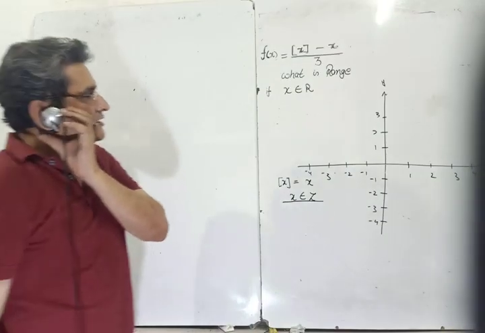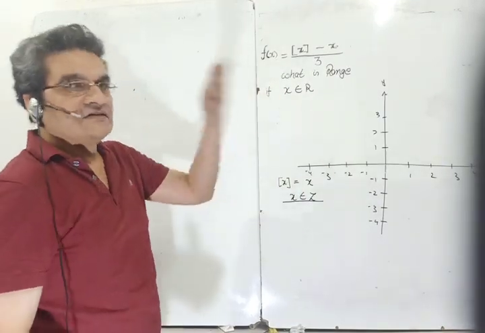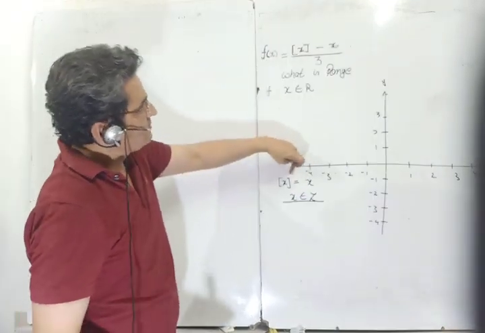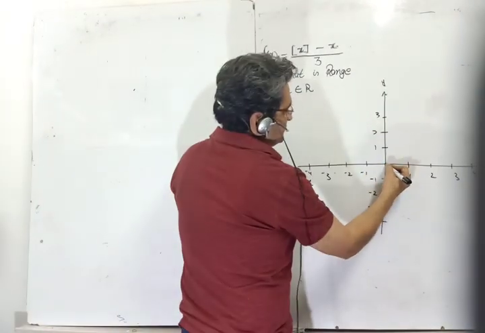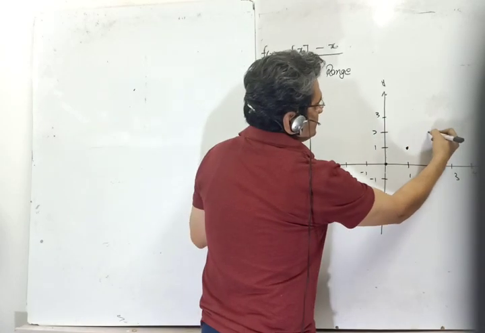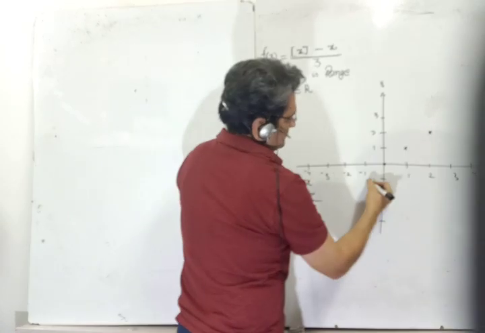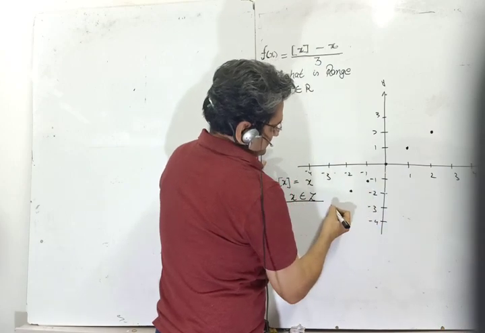Now for all integers, if x is an integer, then f(x) is equal to x. I am only talking about [x] here. So 0 is 0, 1 is 1, 2 is 2, minus 1 is minus 1, minus 2 is minus 2, minus 3 is minus 3.